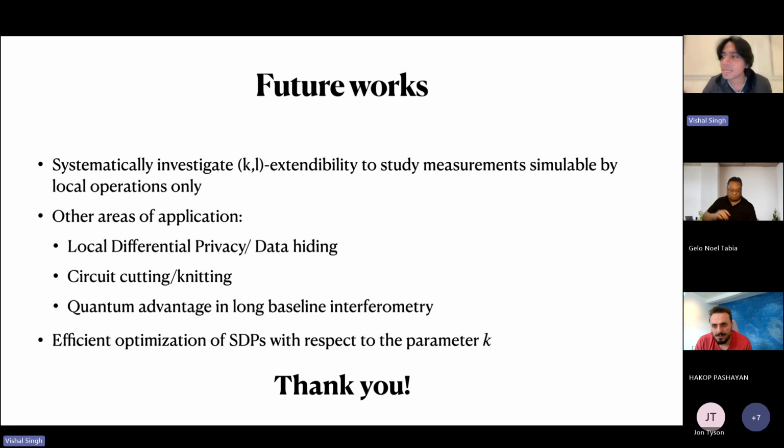Yeah, so in circuit cutting problems, we are often interested in the number of rounds that we need to do. Basically, we try to write any unitary that we want to perform on a quantum computer in terms of unitaries that can be realized by local operations or one-way LOCC operations.